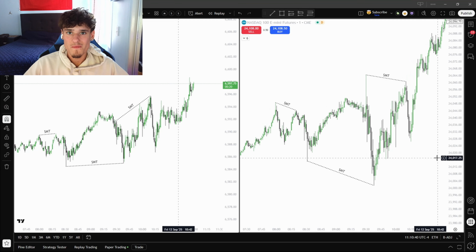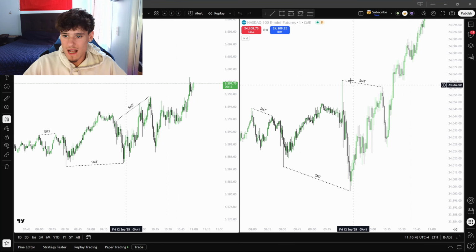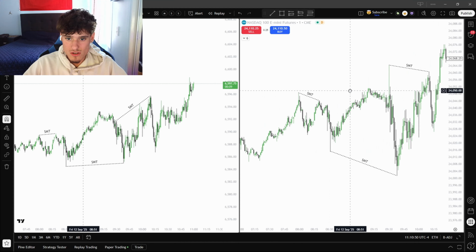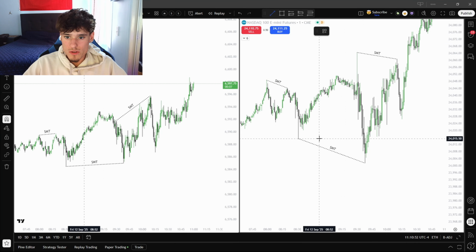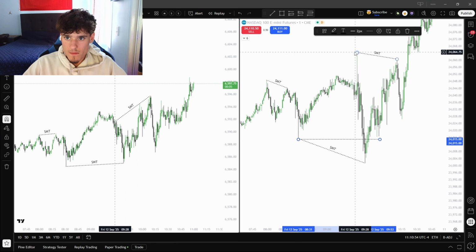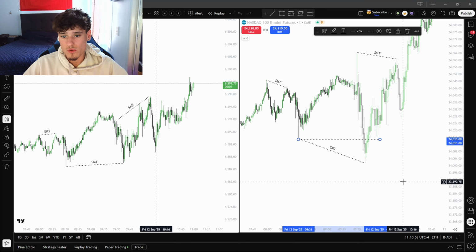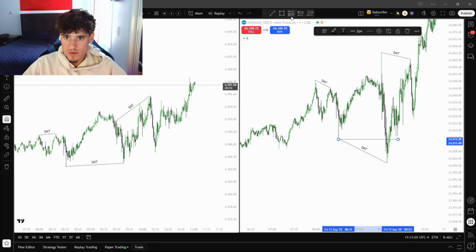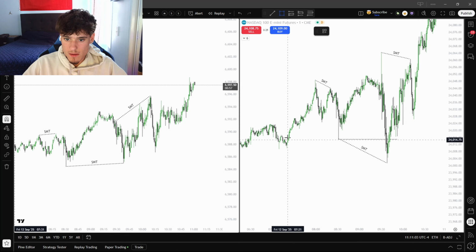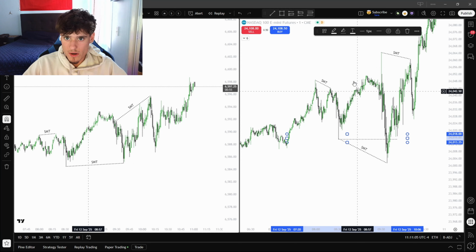So as you can see, SMTs are so powerful in the market. It's honestly just insane. Just a solid example right here: we have a sell side liquidity with the SMT. That's two confluences right there. Now, what else can we do? Say there's a fair value gap right here.